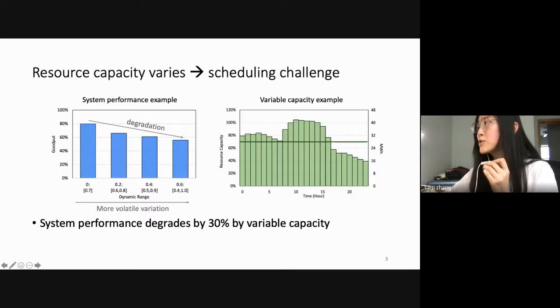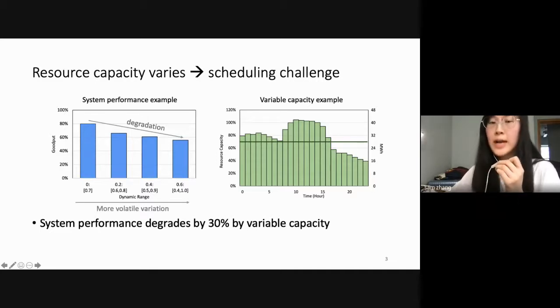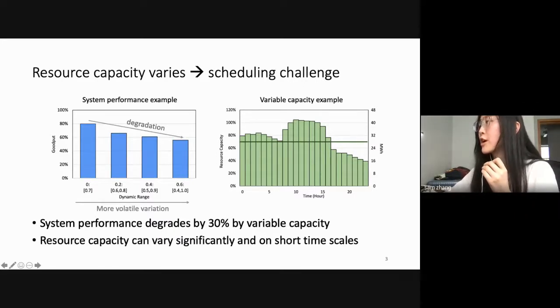To note, as a few people previously asked, over 100% we are assuming that data centers have backup resource capacity or a turbo boost mode that can temporarily go over 100%. We can see that as time goes, the resource capacity in this example can vary significantly across all ranges in time and also on short scales from interval to interval.